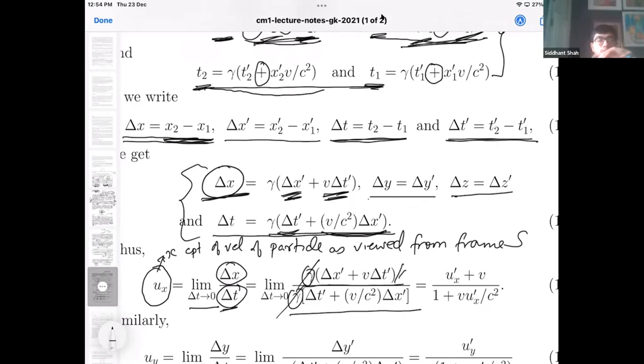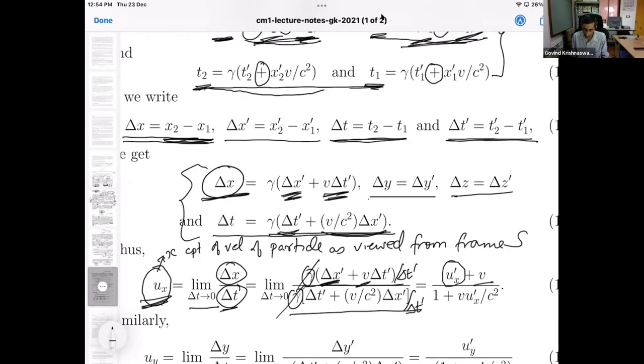Because our objective is to relate the velocity components in S to those in S prime. So on the right hand side, we are going to get velocity components in S prime. So if I divide by delta t prime, the first term is going to become ux prime. The next term just becomes v. Denominator becomes 1 plus v upon c squared times ux prime.